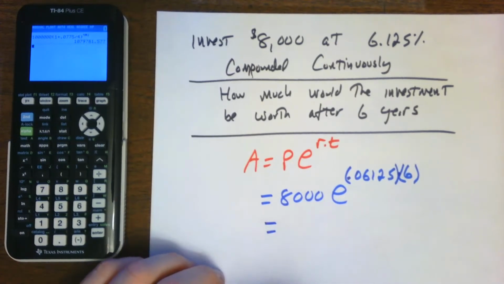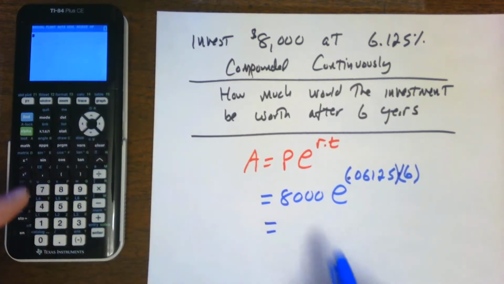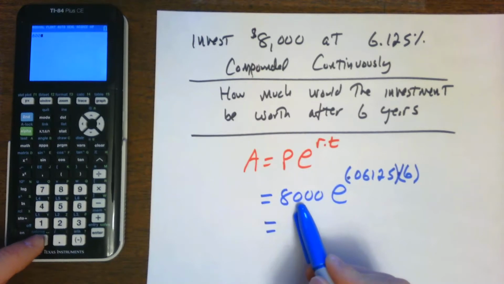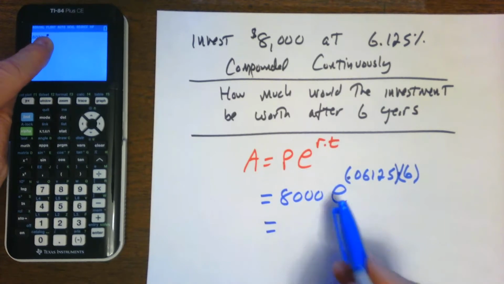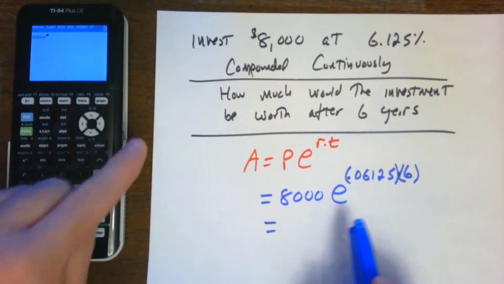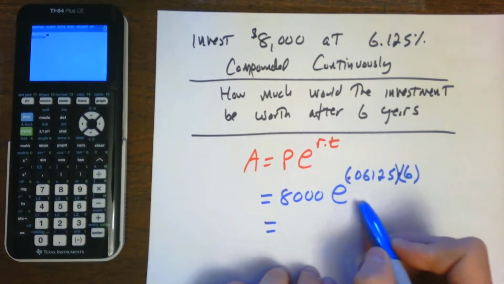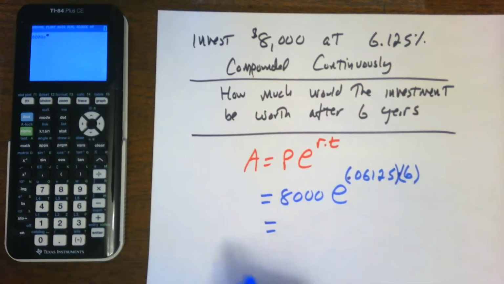So now on the calculator, put in 8,000 times e. Now remember where e is, shift ln, e to the power of. Now if your calculator does e and then the little chevron, make sure you put that whole thing in parentheses.